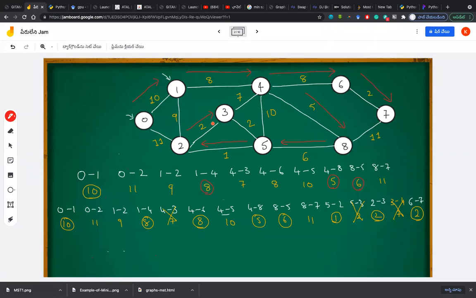Remove the things which form a cycle and only select the edges which do not form a cycle and are minimum compared to the others. If something forms a cycle and has a minimum weight, remove that one and go to its next minimum. This way, you can connect all the nodes and form a minimum spanning tree using Prim's algorithm. Any doubt in this?